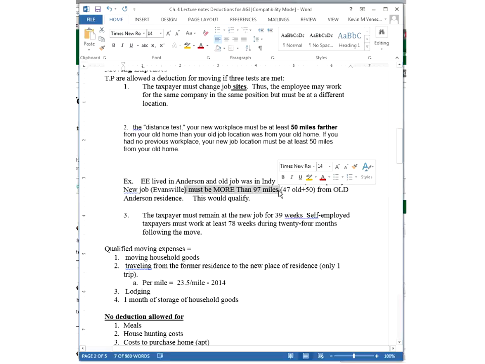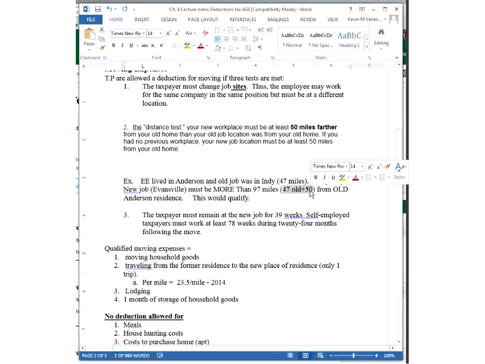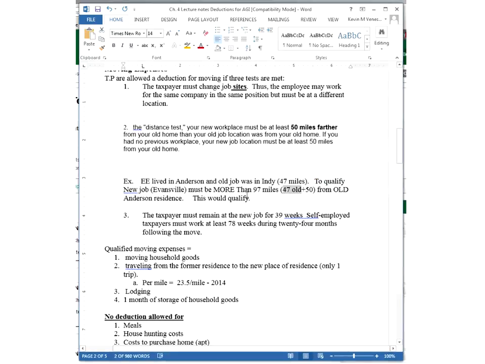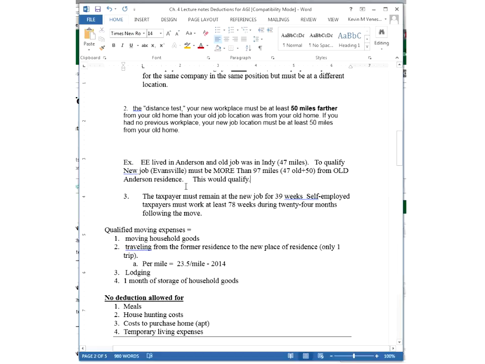And from your old home to that new location in Evansville would need to be more than 97 miles, which is your old distance plus 50. If it's not more than 50 miles more than what you originally drove, you wouldn't be able to take the moving expense. So if you do drive from Anderson to Evansville, it's definitely more than 97 miles, so it would qualify.